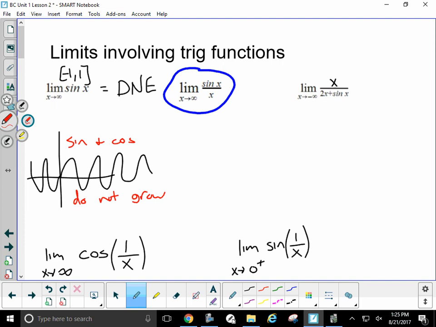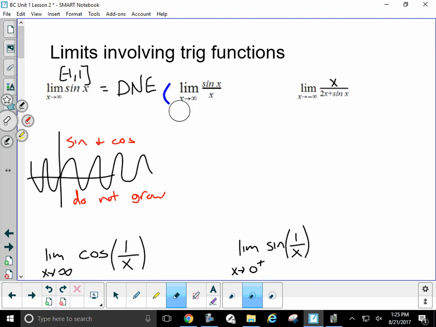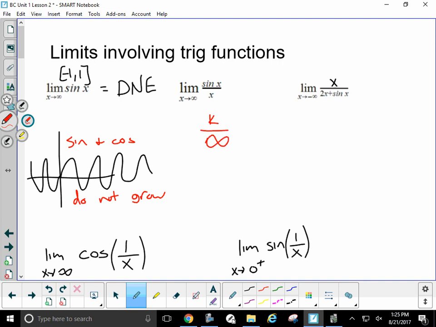If sine doesn't ever go past negative 1 or 1, but x could go past those numbers, it would be like having some number over a potentially infinitely large number. And what is that, when you have just a number divided by something that's infinitely large?